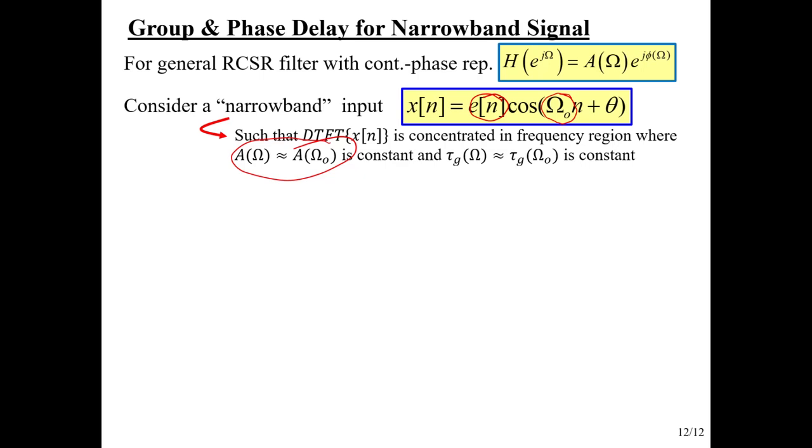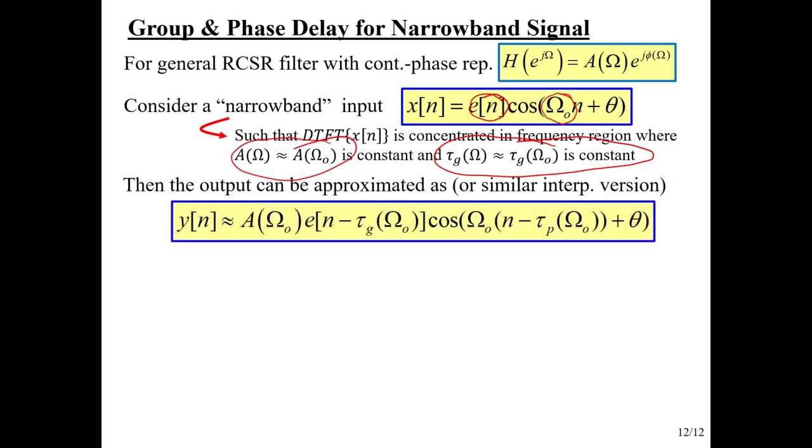And if this is such that this thing is constant, now we're talking about the generalized linear phase filter. The output can be approximated, and I'm assuming integer delay for the group, but I'm just doing that so that I don't have to fuss about notation for interpolated versions of this.